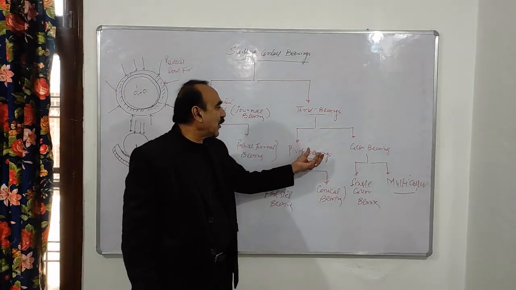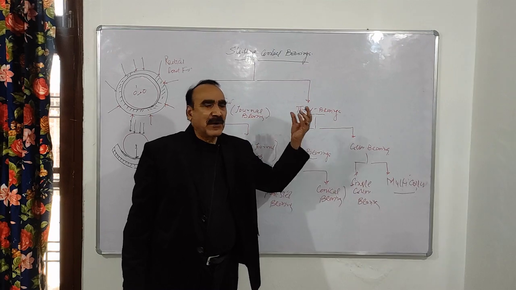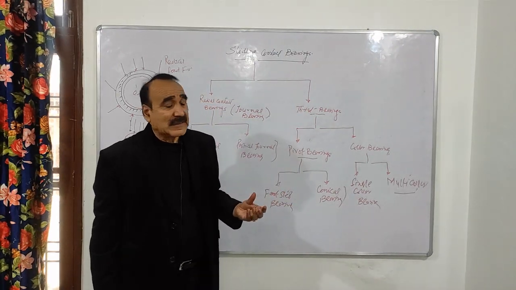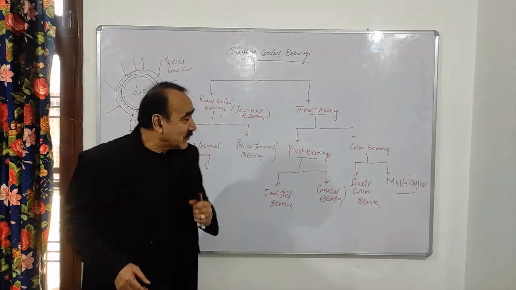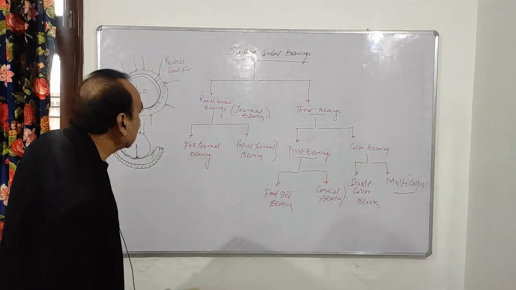One part is called the pivot bearing and the second part is called the collar bearing. Now we will take what is this pivot bearing. Just see here.